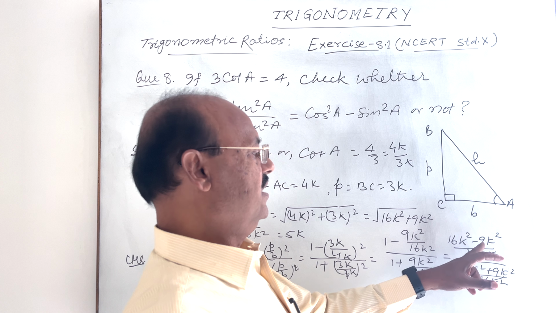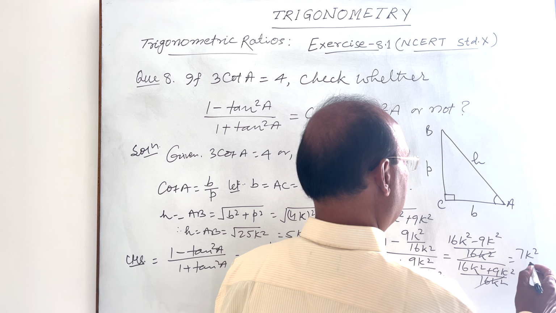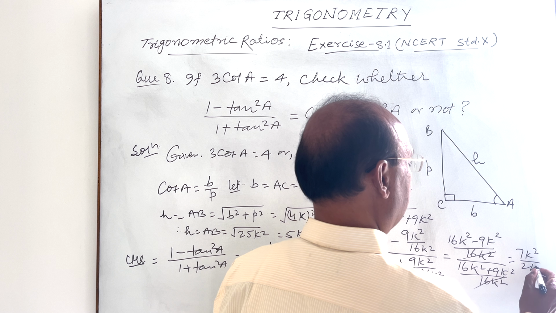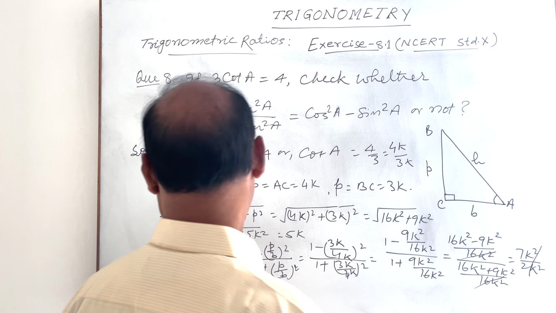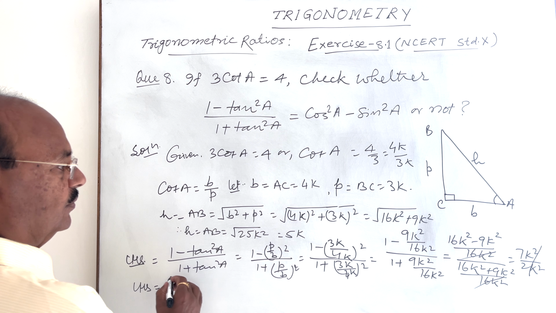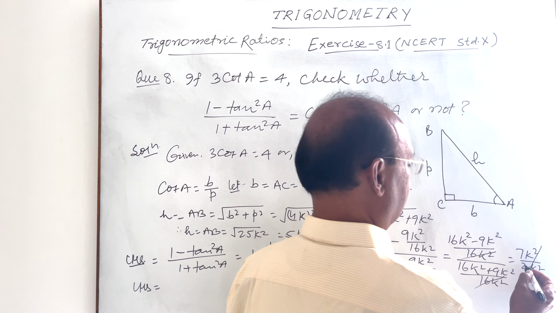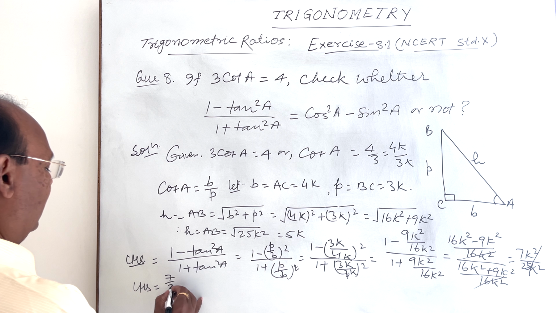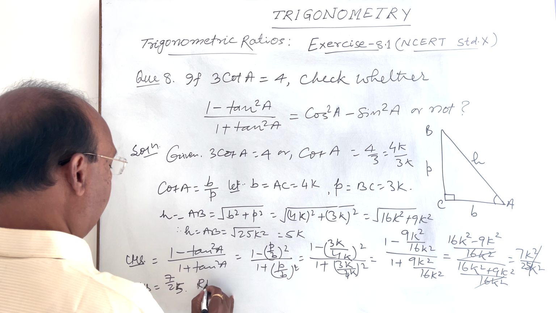And 16 minus 9 is equal to 7. So this is 7K square upon 16 plus 9, which is 25K square. K square cancels out, isn't it? So we are getting the value of LHS as how much? This is 25, sorry. So LHS is 7 by 25. Now let us find out the right hand side.